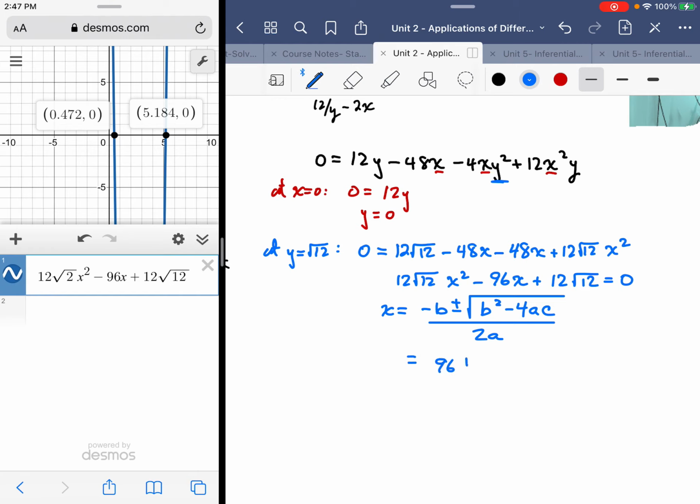So 96 plus or minus the square root of 96 squared, the negative's going to zap away, minus 4 times 12 radical 12, that's the a, and the c, another 12 radical 12, as it turns out, all over 2a, so 24 radical 12.